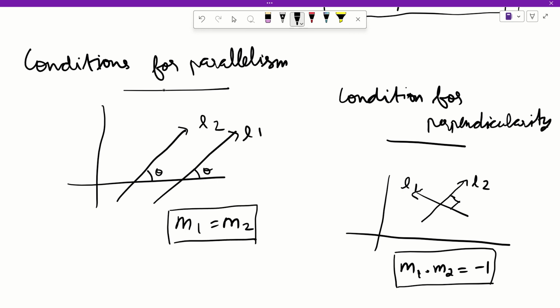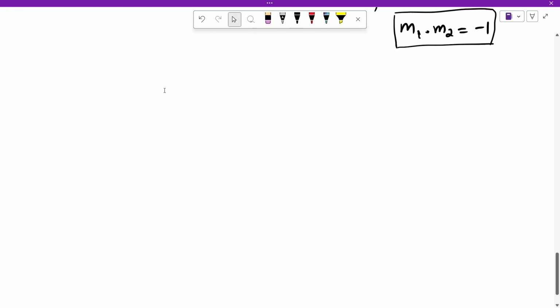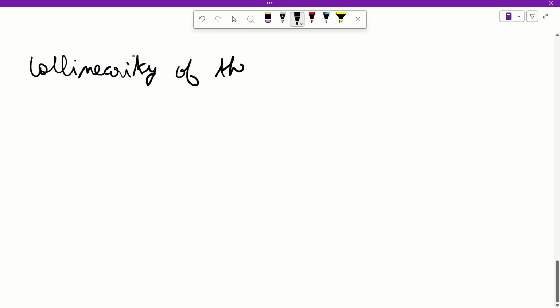The next topic is collinearity of 3 points. I'll write the heading because you all need to know the spelling of these concepts. Collinearity of 3 points.